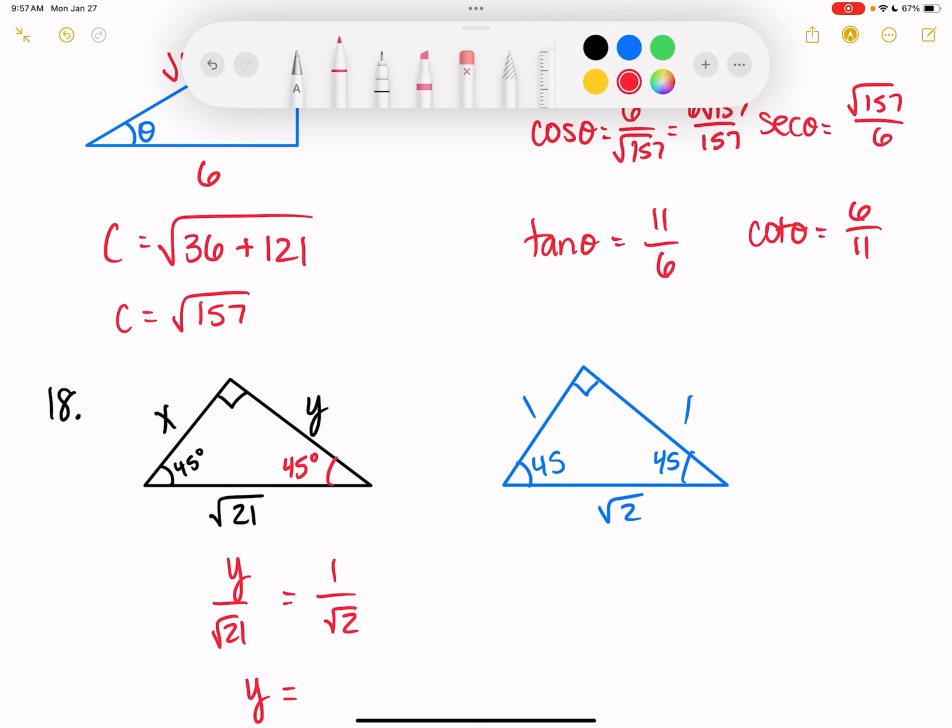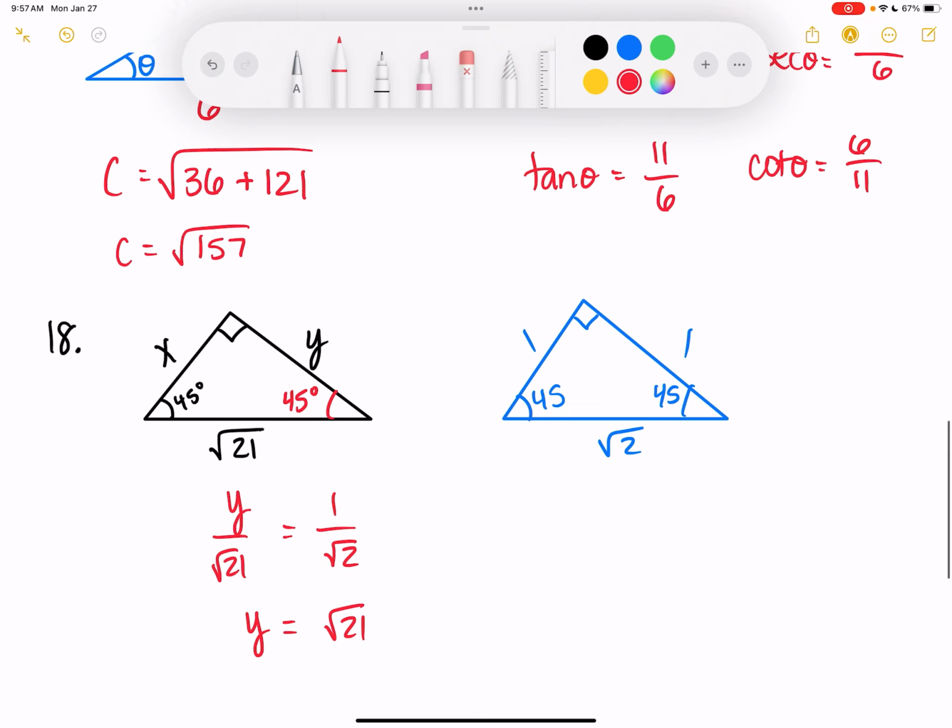So y equals the square root of 21 over the square root of 2. Obviously, I can't leave it like that. I need to rationalize. So I'm going to multiply by the square root of 2 over the square root of 2, which gives me the square root of 42 over 2.